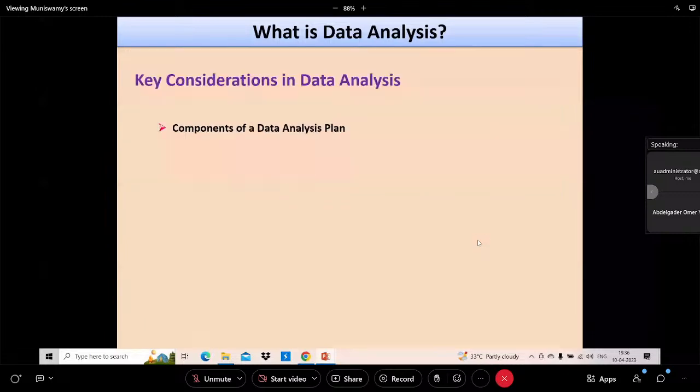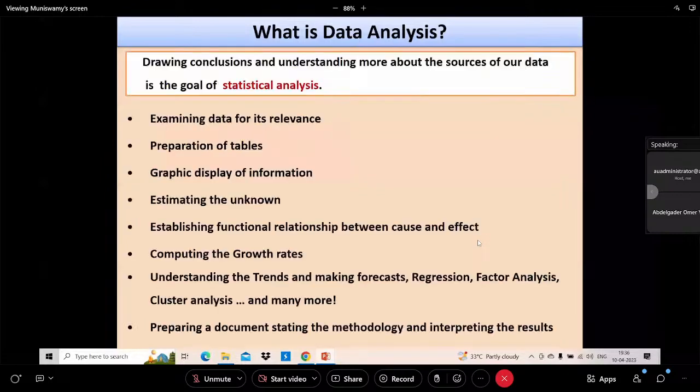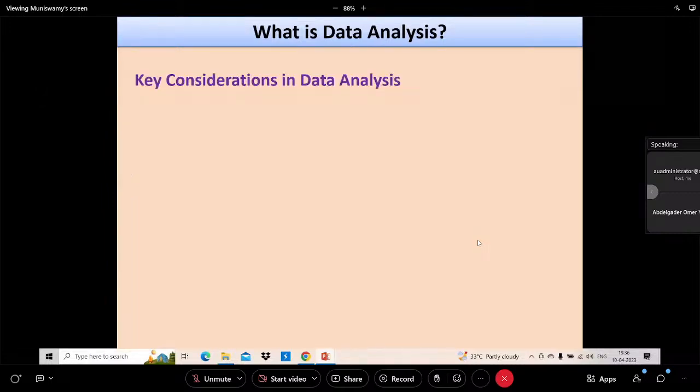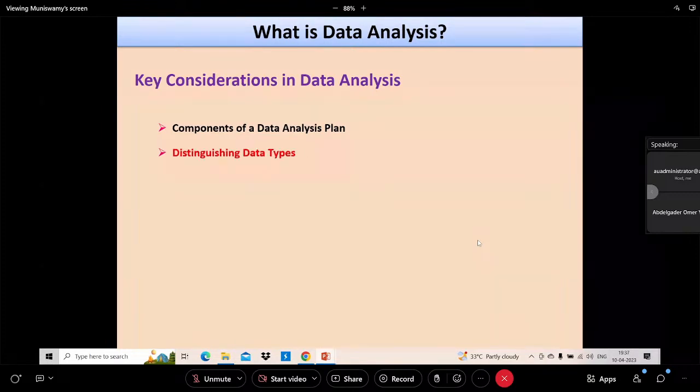The next thing is, what are the key considerations in data analysis? If you want to analyze the data, the key consideration first and foremost is the components of a data analysis plan. What components are we going to apply? Another is distinguishing data types.